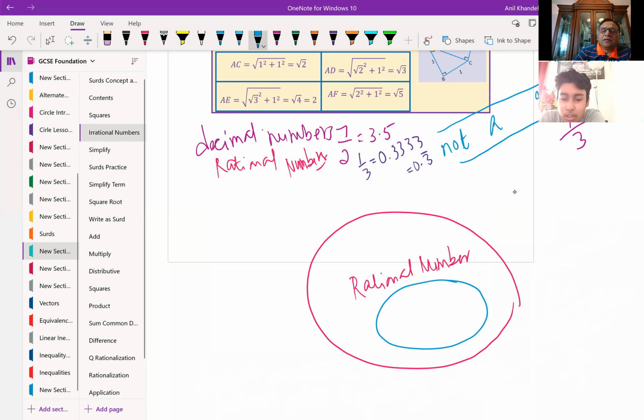We will call the outer circle real numbers. Let me write this as whole numbers, and let me make another circle here, natural numbers. And let me make one more circle.